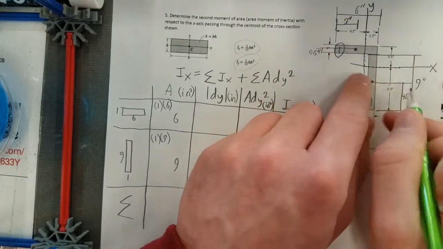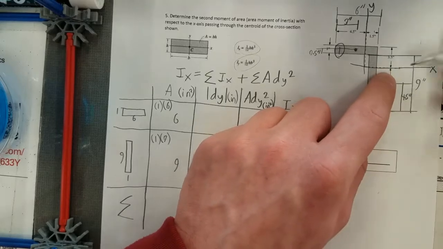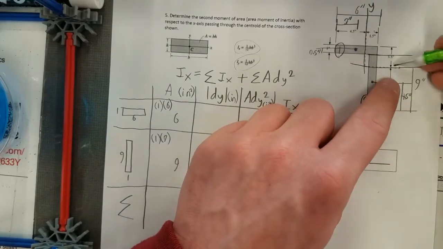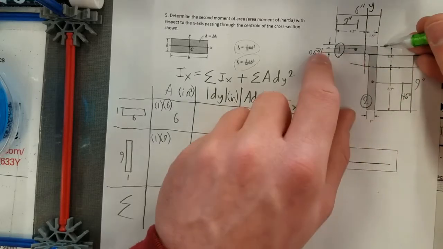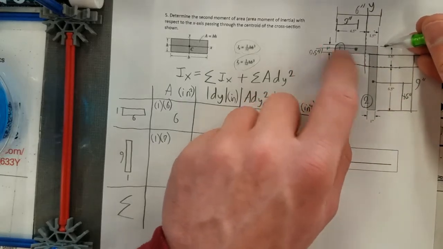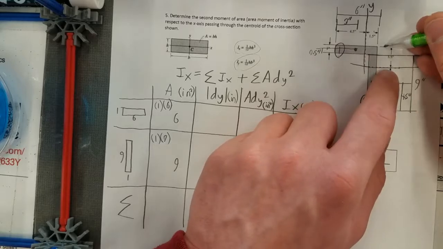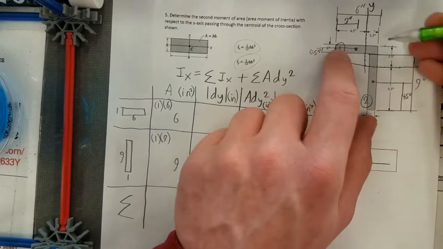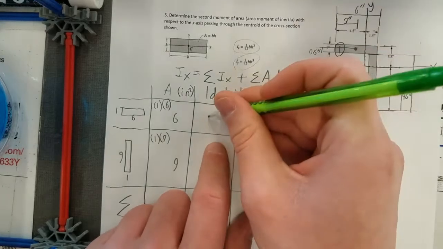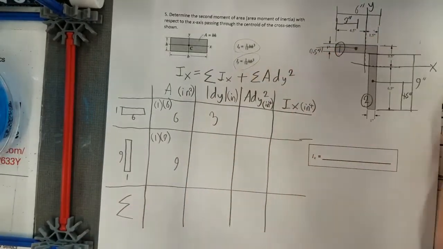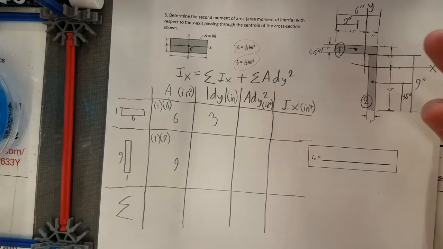To find this, we can go up the 3.5 inches all the way to the top of this rectangle. And then we know that it's 0.5, or just whatever is the middle of this rectangle. So we go up the 3.5 inches and go back down 0.5 inches, and that means our dy ends up being 3 inches. Are there any questions about that?